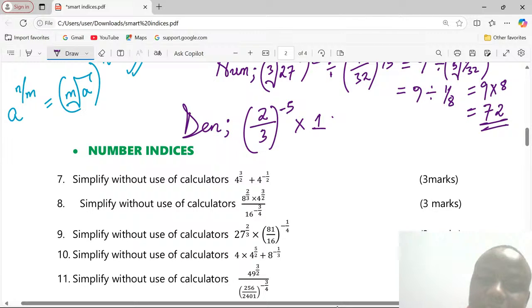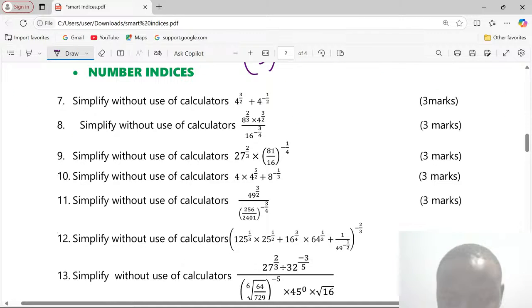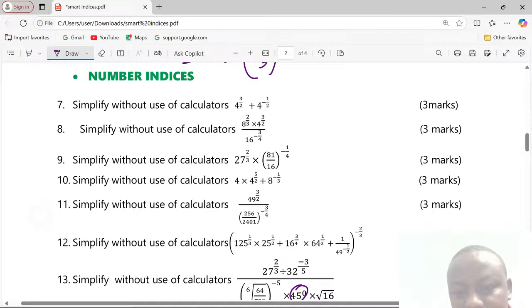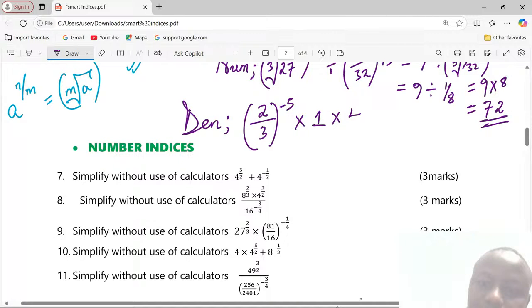The 0 index. Everything raised to power 0 becomes 1. Then multiplied by the square root of 16, which is 4.